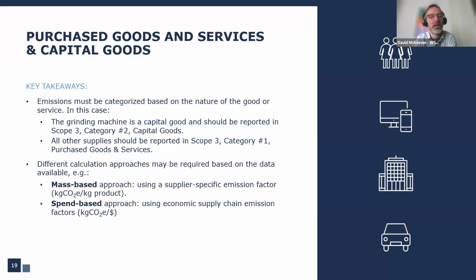There were different calculation approaches here in the example as well. So we have a mass-based approach where, in the case of the coffee beans, we had a quantity of beans, and then we had a spend-based approach.